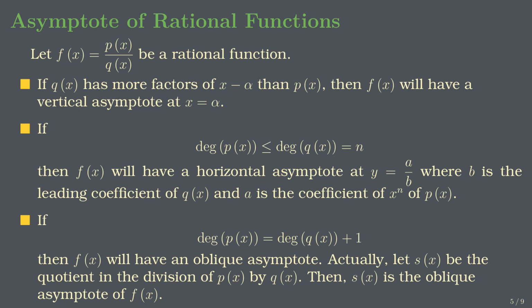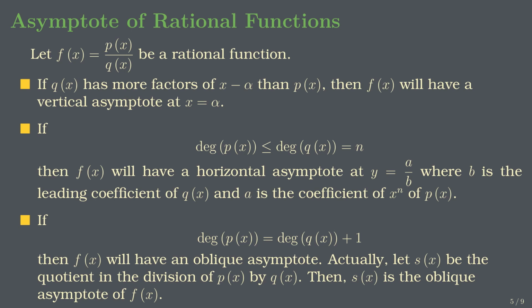Now the last criterion is that if the degree of the numerator is exactly 1 more than the degree of the denominator, then f(x) will have an oblique asymptote. We can determine the oblique asymptote by computing the quotient in the division of p(x) by q(x).